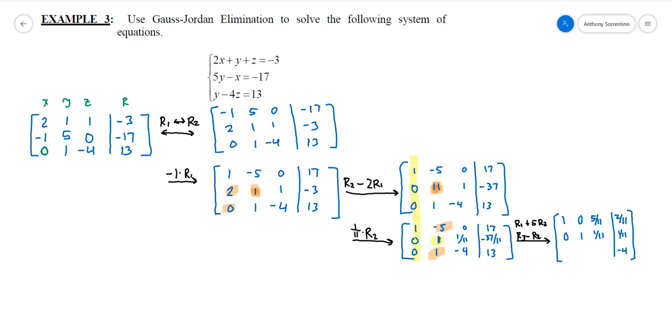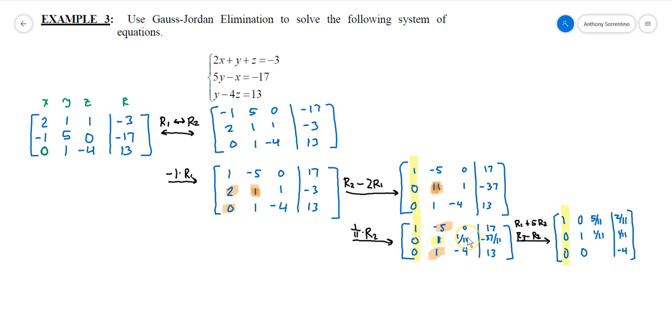Now I'm going to work on row 3, so I'm using R3 minus R2. If I take this 0 in R3 minus this 0 in R2, it's still 0. So as you can see, nothing happened to this column. It's still my 1 and 0s in that column where they were before. Of course, the 1 in row 3 minus the 1 in row 2 is going to give me a 0, which is what I wanted there.